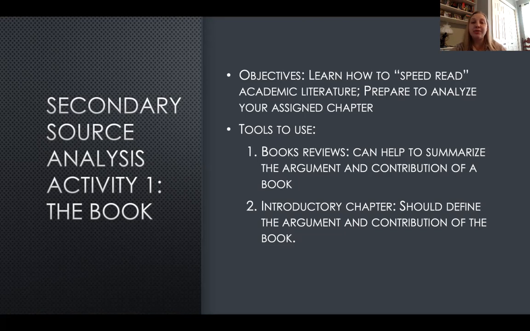Some good tools to use for this are book reviews, which can help summarize main arguments and the contribution of the book, and that can help you as you're reading through the chapter. Your introductory chapter should also very clearly define what existing literature the book is addressing. Also, if any of you are having trouble with the biographical information, a really good place to search for that is just the author's faculty page wherever they're working. That information is plenty for our purposes.